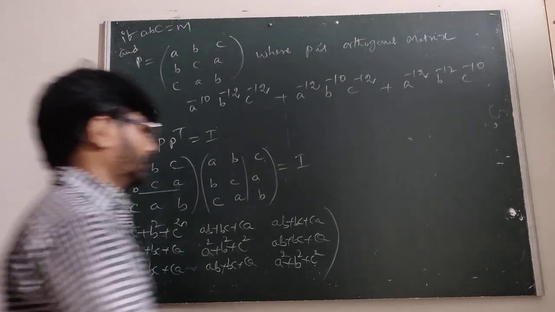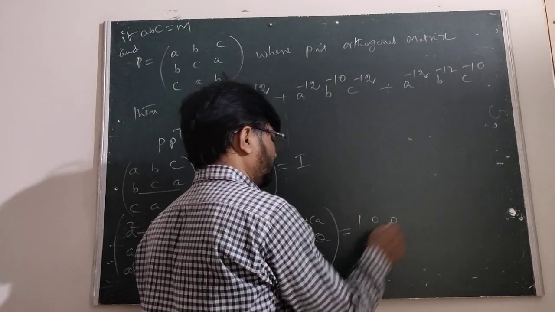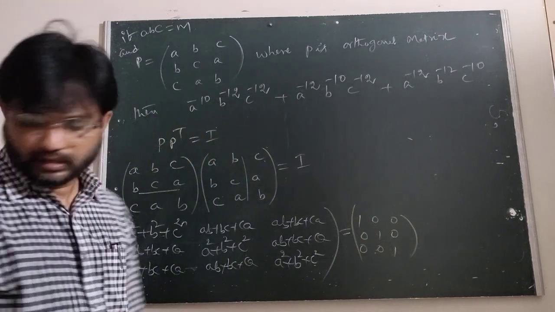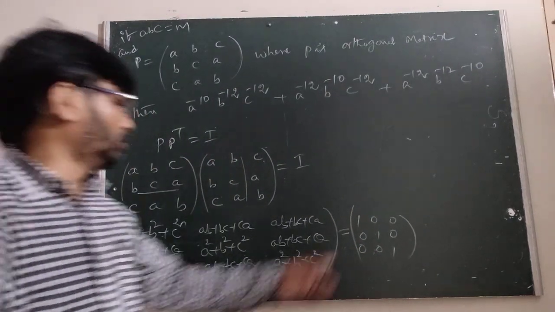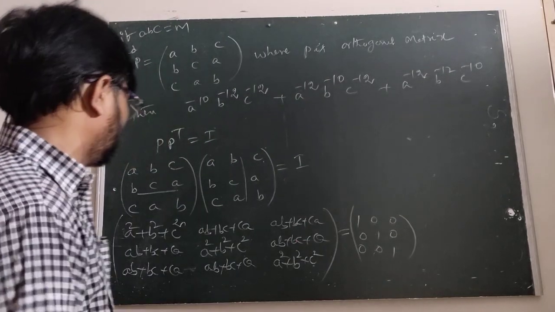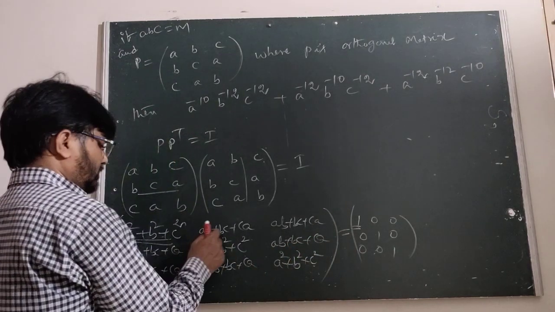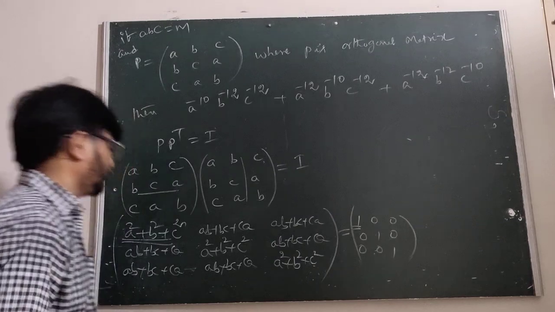So now we get the unit matrix 1 0 0, 0 1 0, 0 0 1. Equating, the first one equals the first, and ab plus bc plus ca is also 0.